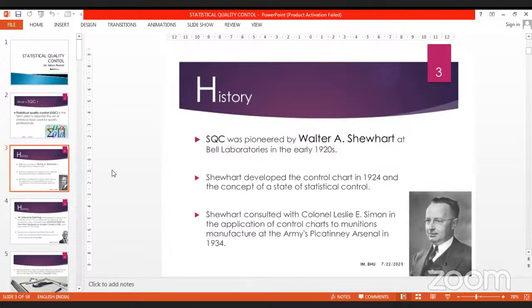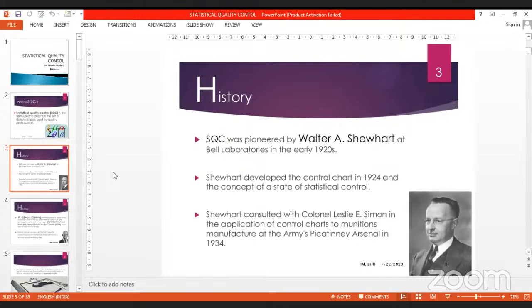SQC was pioneered by Walter A. Shewhart at the Bell Laboratory in the early 1920s. Shewhart developed the control chart in 1924 and the concept of the state of statistical control.